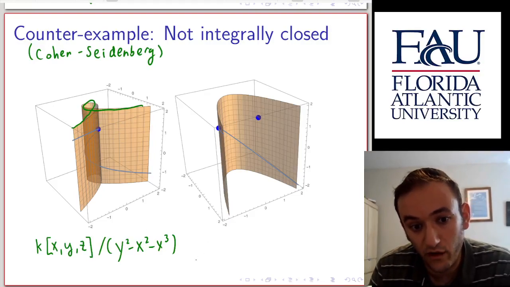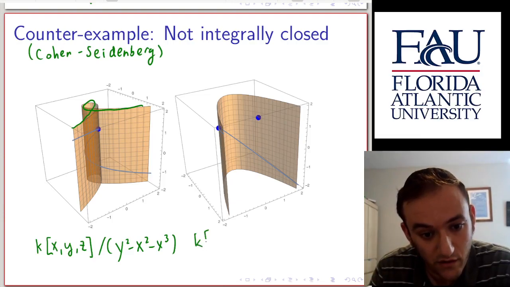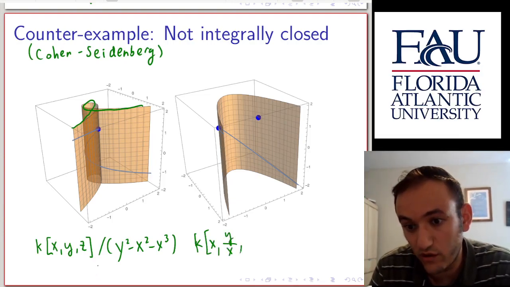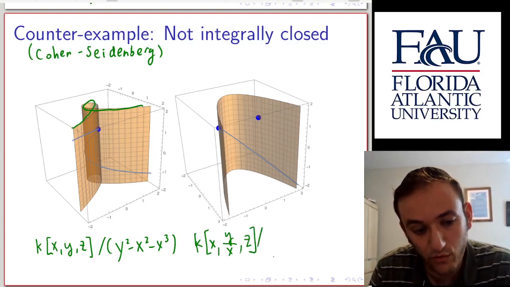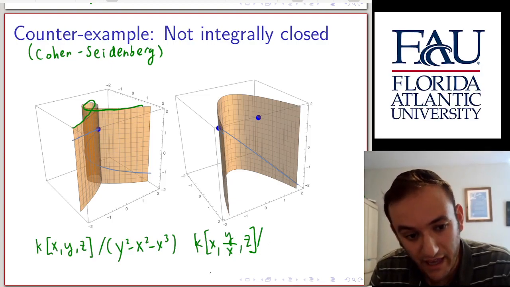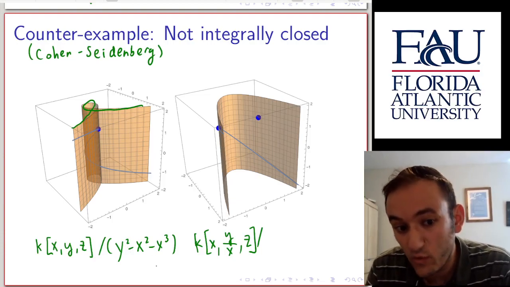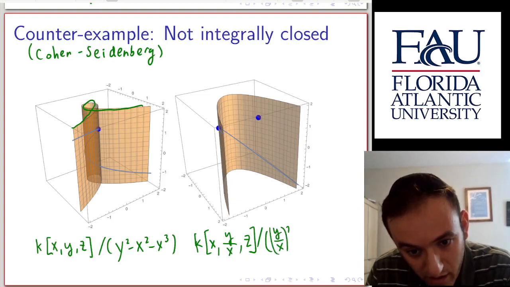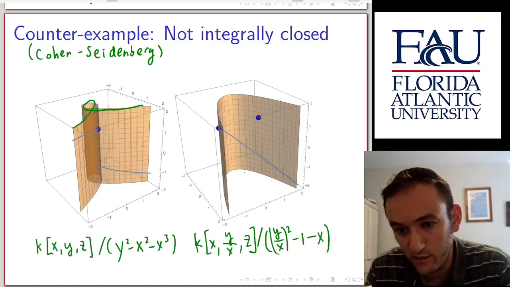The coordinate ring of the variety on the right is what you get when you take the integral closure of the one on the left. So if you take k adjoin x, and then there's this integral element y over x, which isn't in the left-hand coordinate ring, but is in the right. And instead of quotienting out by the original polynomial, now we can divide it by x squared and get this polynomial, y over x squared minus 1 minus x, which is why this looks a little bit more like a parabola.